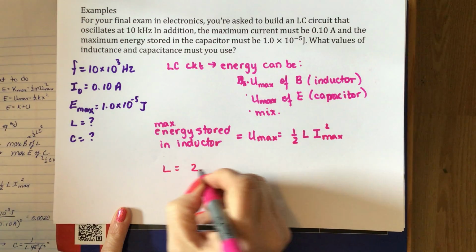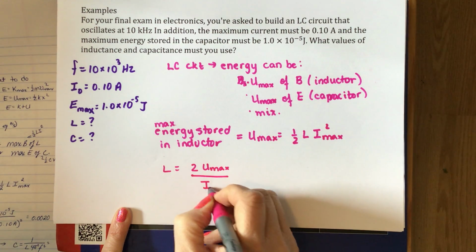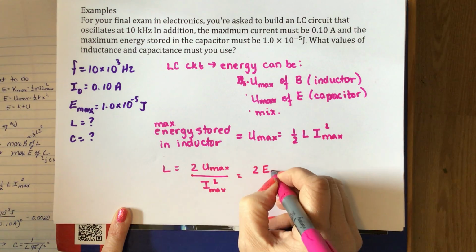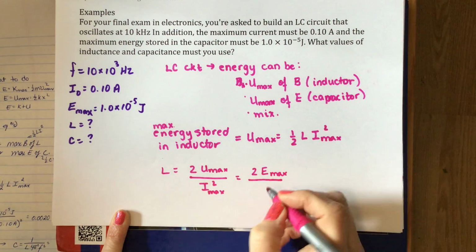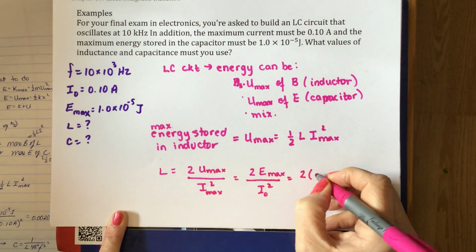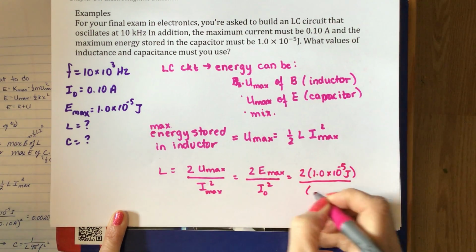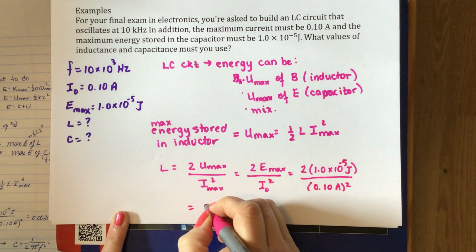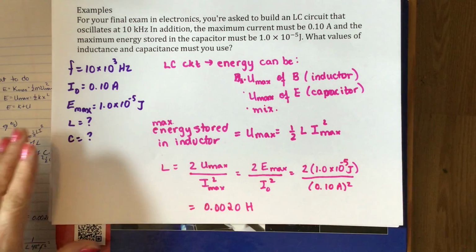So L is equal to 2 times the maximum energy stored divided by the maximum current squared. So that's 2 times the maximum energy altogether, because the most you can have in the inductor is the most you can have. I maximum is what we call I0, so we have 2 times the energy, 1 times 10 to the minus 5 joules, divided by the maximum current squared, 0.10 amps squared, gives us an inductance of 0.0020 henries, or 2 millihenries. Okay, there's our inductance.